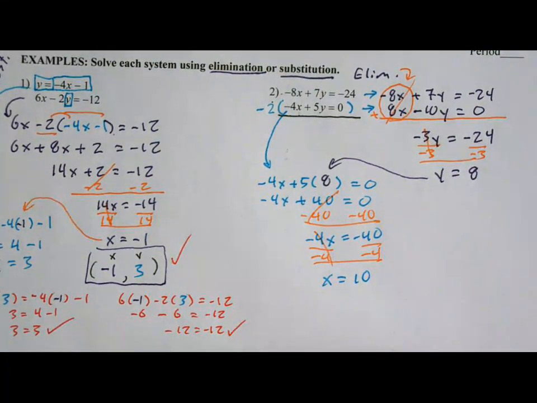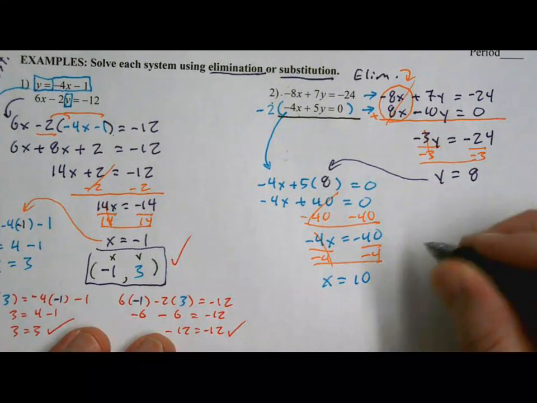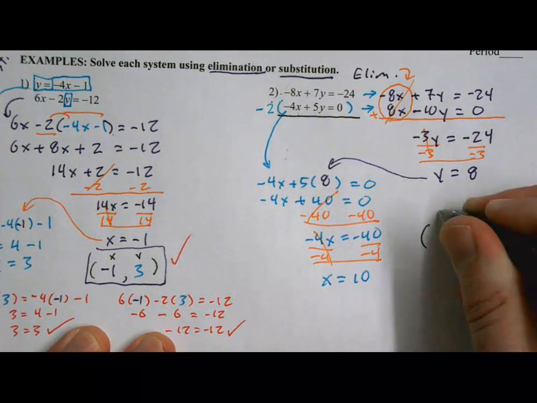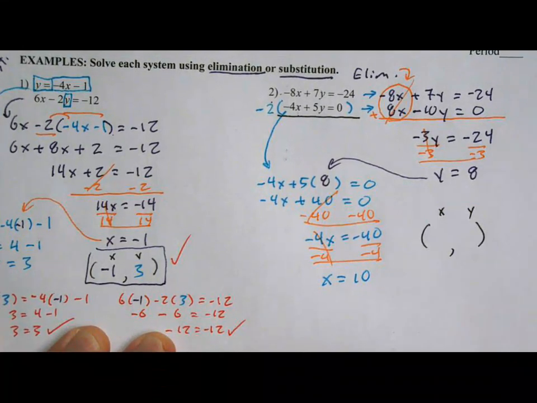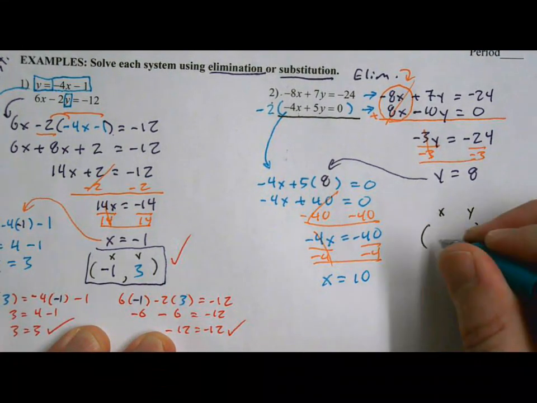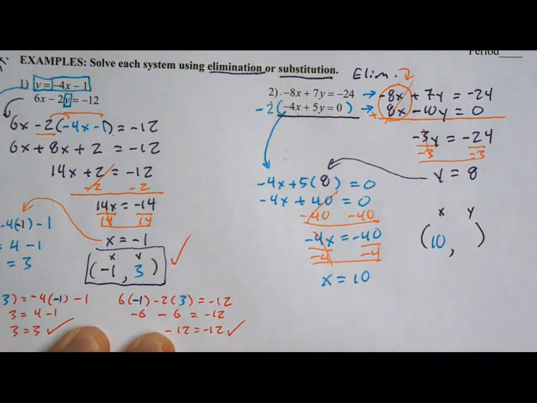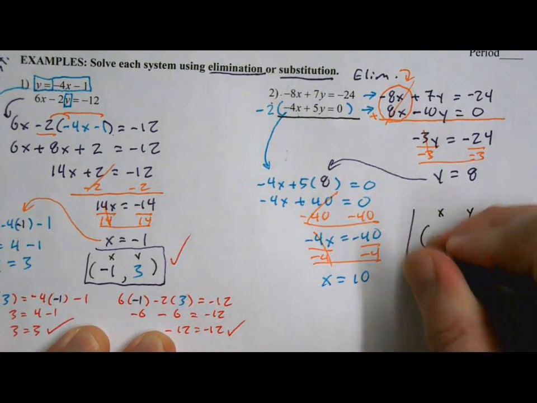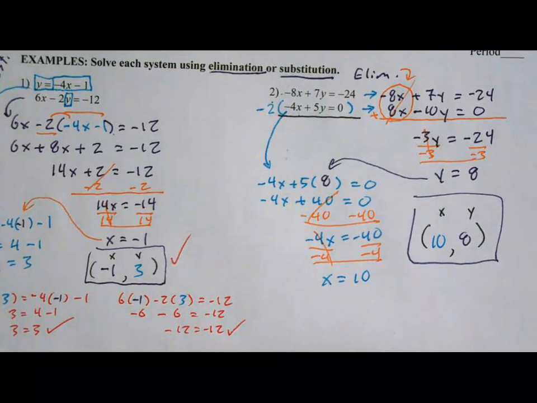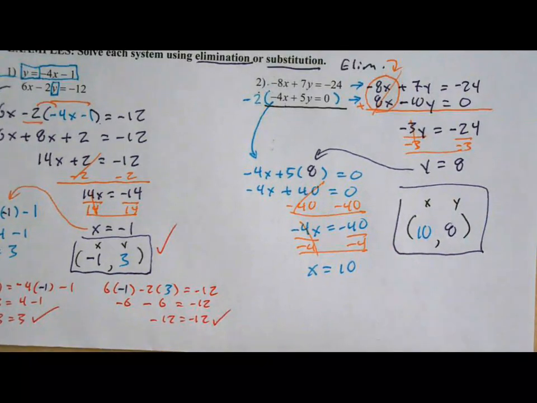So I have an x value, I have a y value, we're ready to write our final answer. Our solution should have an x and a y value separated by a comma. My x value was 10, y value was 8. So I believe that 10, 8 is my solution, but I'm going to check just to make sure.